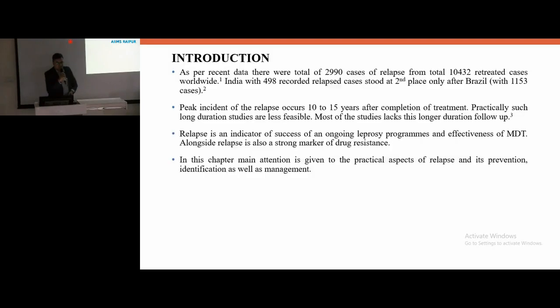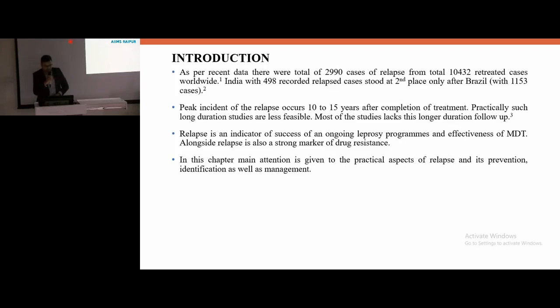To introduce, let us look at the numbers on how many relapses are actually diagnosed globally. This is global data from the World Epidemiological Record. It says around 2,990 cases of relapse were diagnosed from 10,432 retreated cases, and the number of cases reported from India is 498.